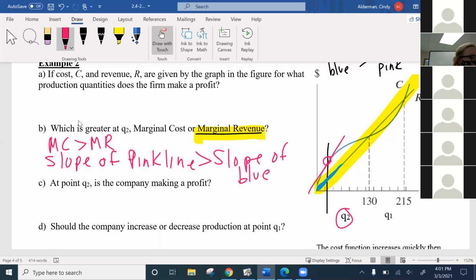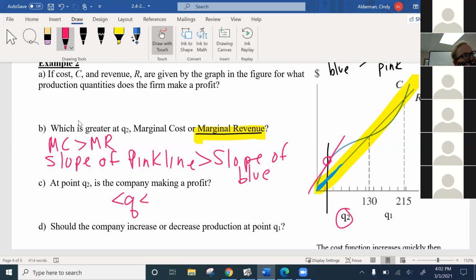All right, so let's go back and answer A. It says, if cost and revenue are given by the graph in the figure, for what quantities does the firm make a profit? Let's say that they make a profit when Q is in between two numbers. Any ideas? What two numbers will they be making a profit? When is marginal revenue bigger than marginal cost?